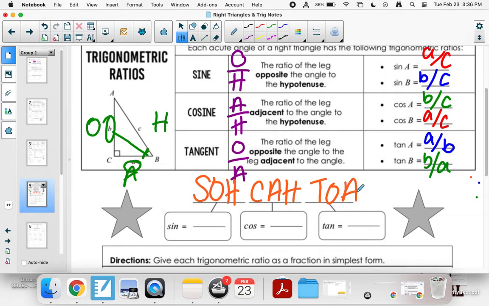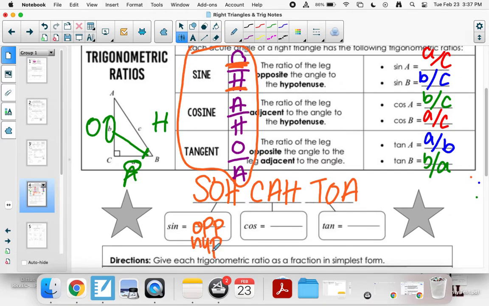And that is this stuff right here. It's a way to help you remember what goes with what. So the S stands for sine, O stands for the fact that our opposite leg goes on top, and then on bottom is our hypotenuse.